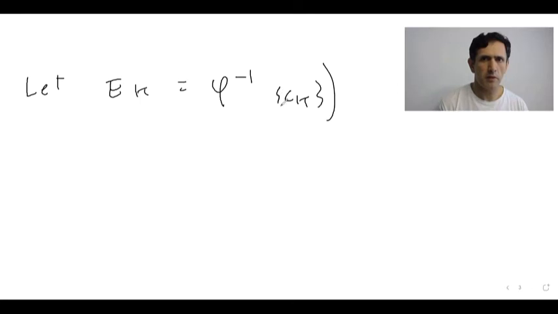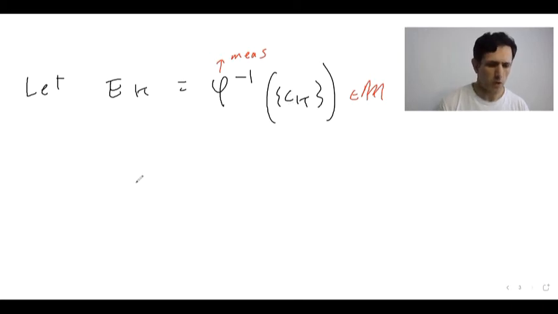So I claim that this basically does it. Okay, so phi is measurable. So this here is measurable, because we proved that the inverse image of a singleton is measurable. So no issue there.